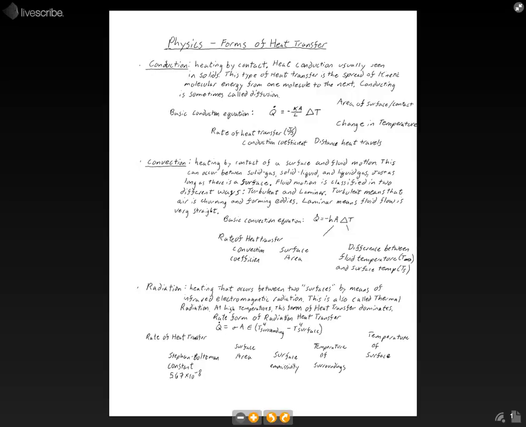So the rate of heat transfer for conduction is given by Q dot, as with most things inside of heat transfer.